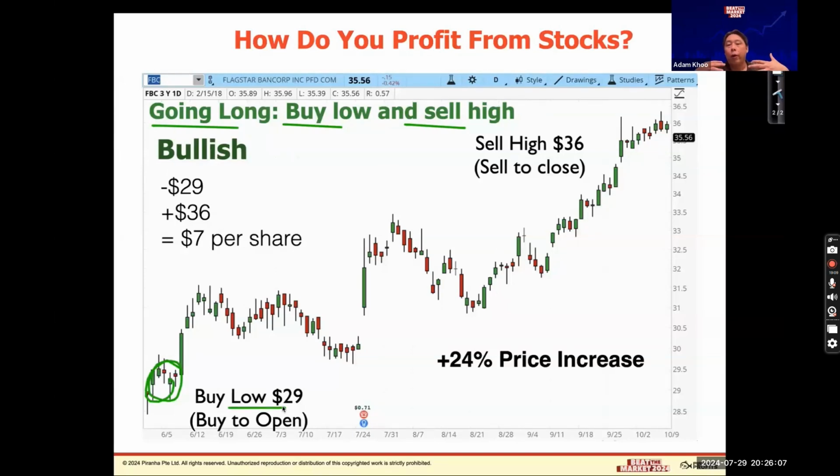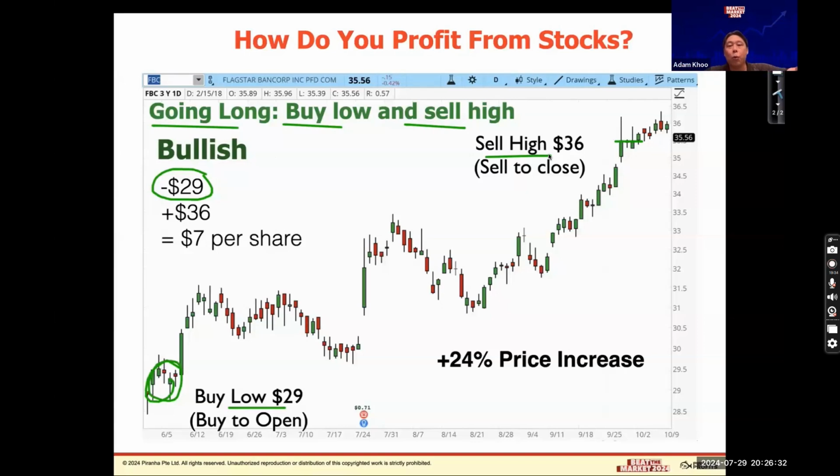Now, when you buy something, money goes out, right? So when you buy at $29, you get a debit of 29. And after you buy it, let's say it really goes up to your profit target of, say, $36, and you decide to sell at 36.